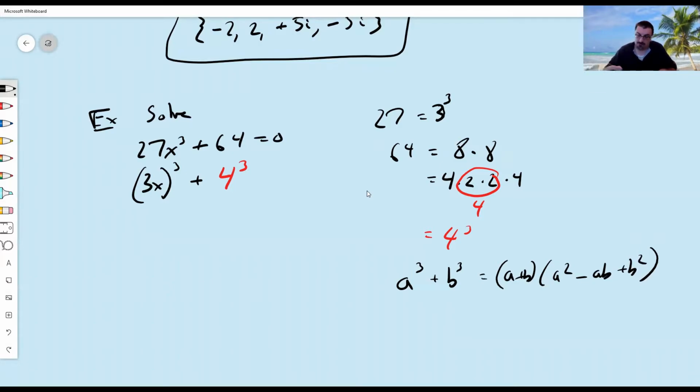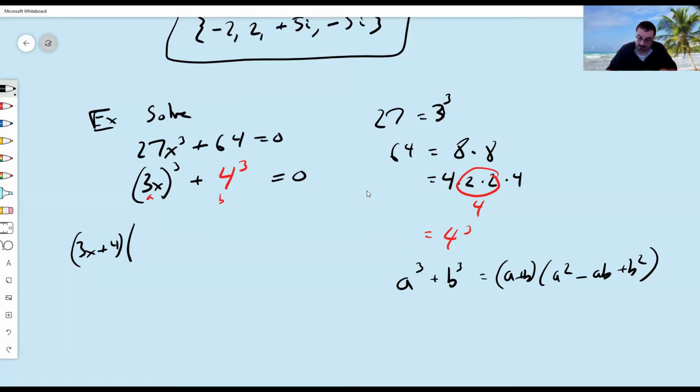So to be clear, this in here is a, and the 4 is b. So we're going to have 3x plus 4. It's plus, right? In the original problem, we have plus in the first parentheses.